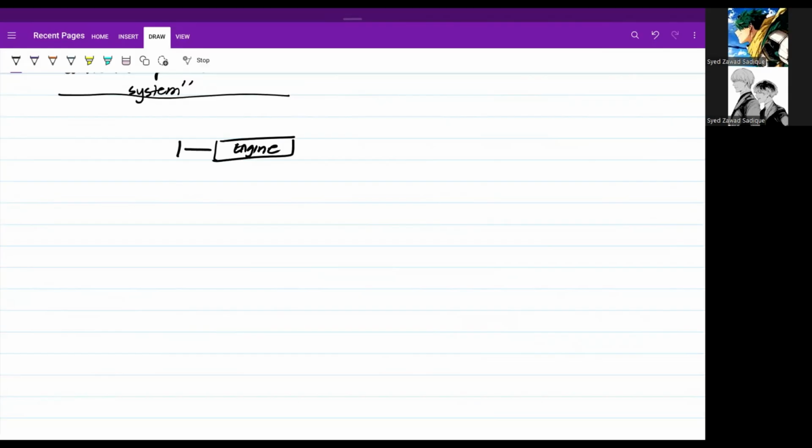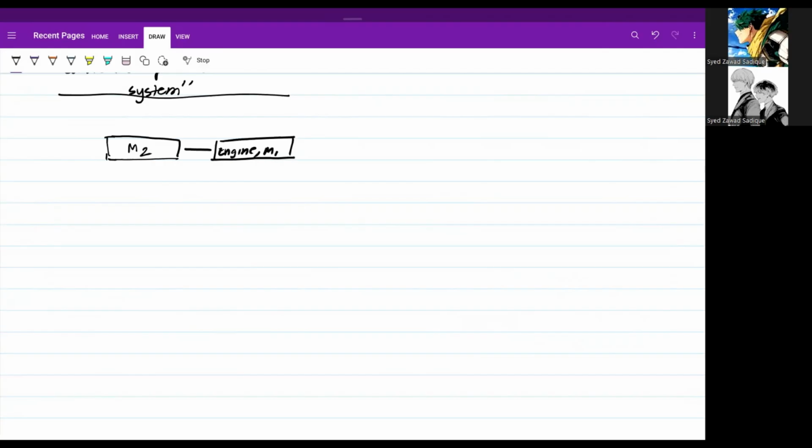For an easier way to say this, let's denote this as M2, and let's call the engine M1. M1 and M2 refer to their masses.